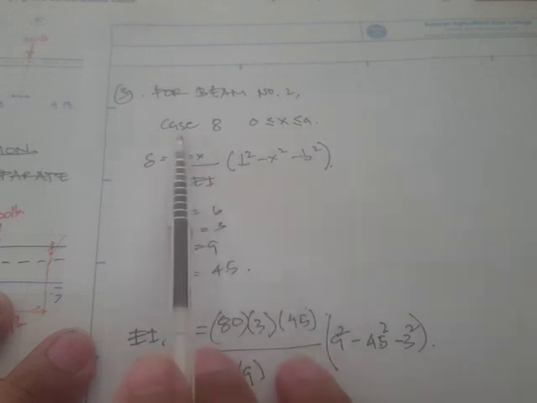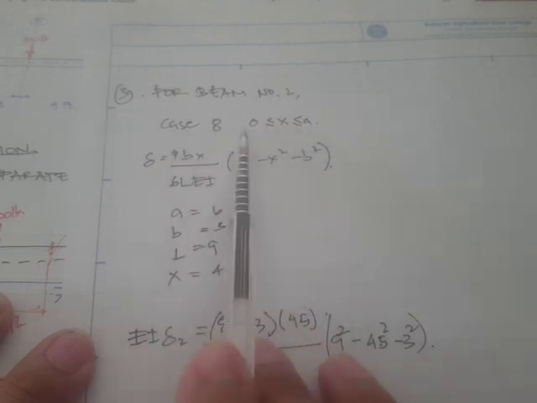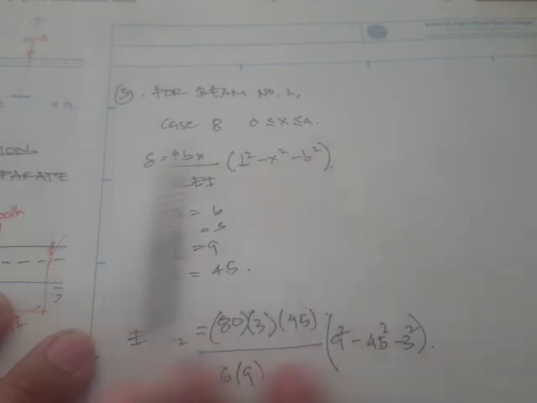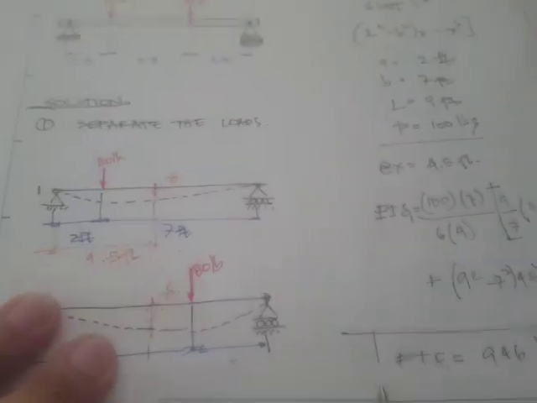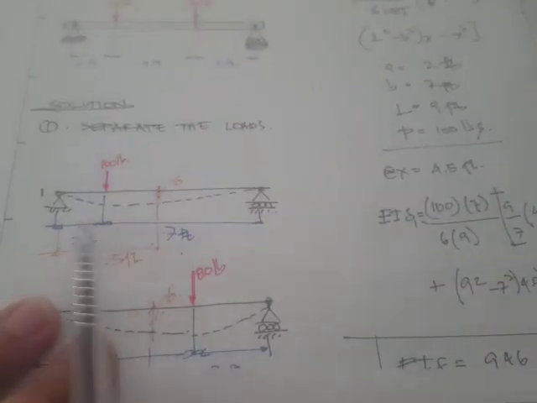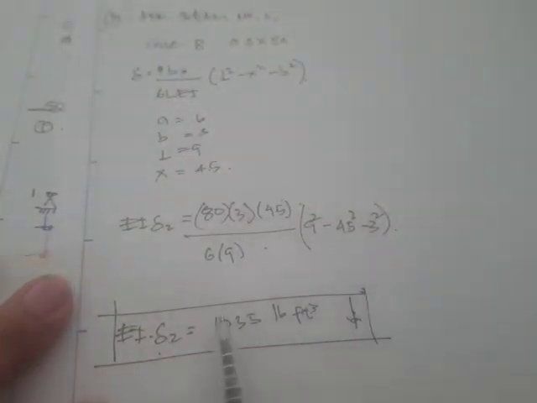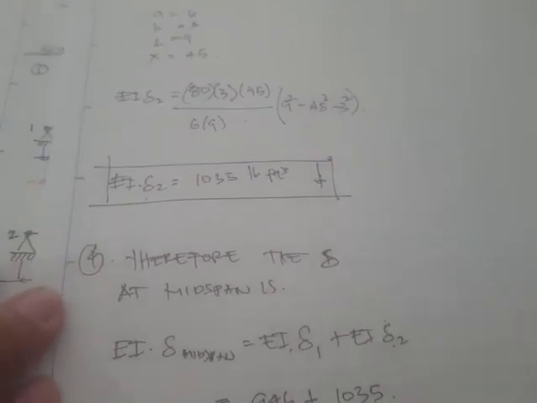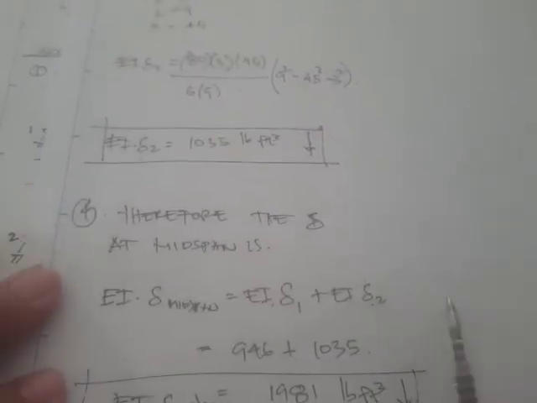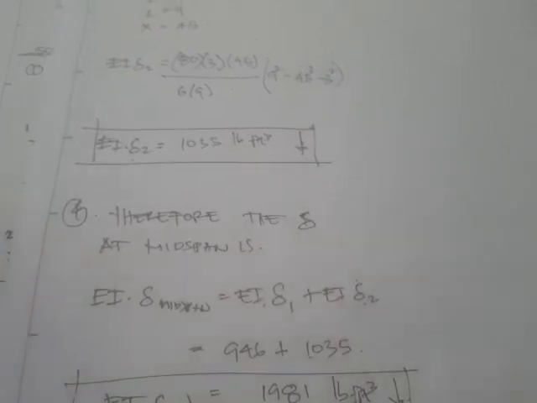Okay, and we also did the same thing for this beam number 2. We just went to the table and found out that it's case 8, but the conditions are this one, so the equation for the deflection will be different from the one we used in analyzing beam number 1. Okay, so we just substituted all the values and obtained this magnitude, and therefore the total deflection at the midspan is simply the sum of the two, which is 1981.